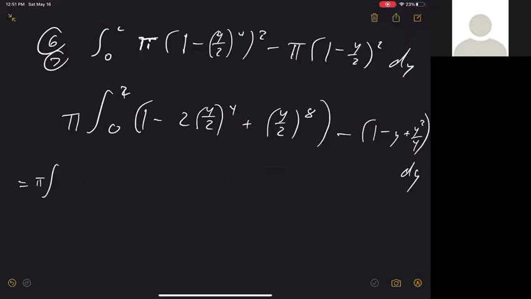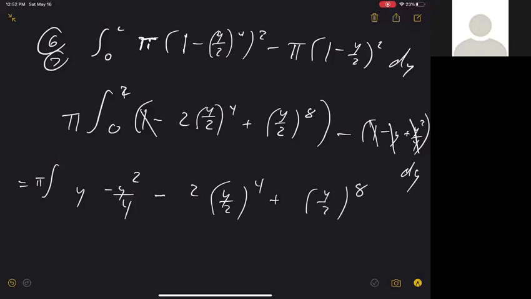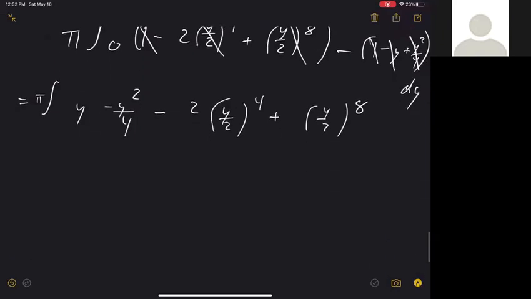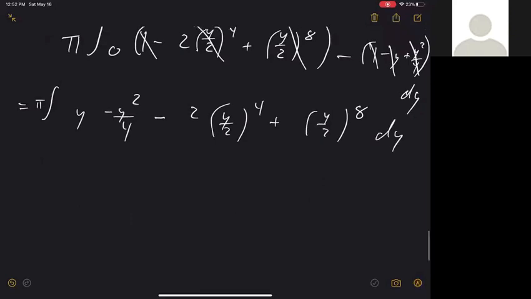The ones are going to cancel, and I'll be left with y minus y squared over 4, minus 2 times y over 2 to the 4th, plus y over 2 to the 8th. Let's go ahead and integrate that.